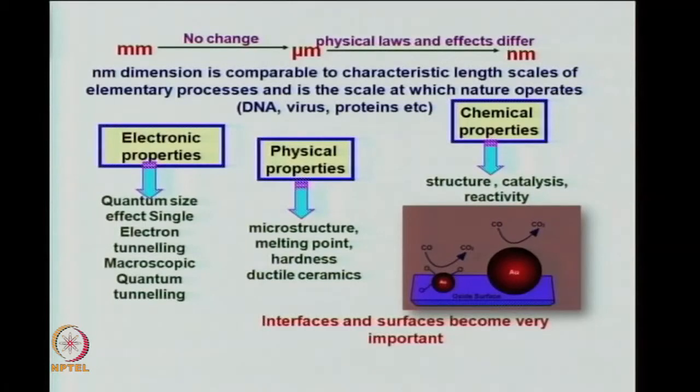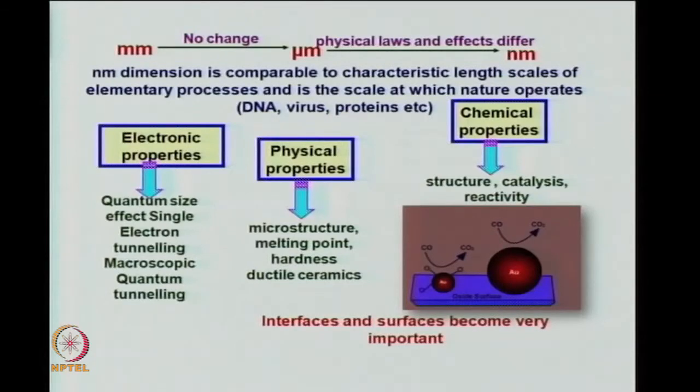Then chemical properties change, like the structure, catalysis, reactivity, they all change as you change the size of the particle. For example, a small gold particle is shown along with a large gold particle, and you see the large gold particle cannot oxidize carbon monoxide to carbon dioxide.